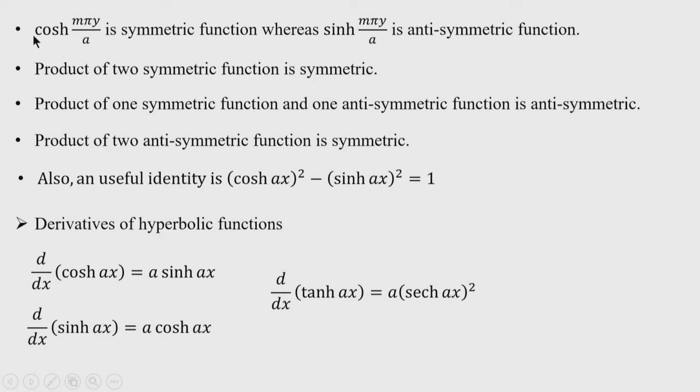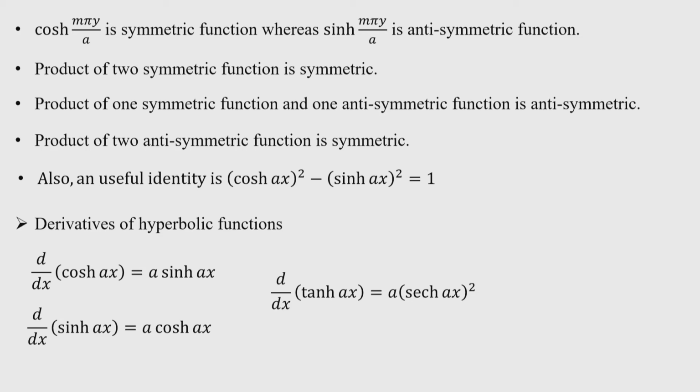What will be the nature of this function? It will be antisymmetric, because y is antisymmetric and cosh(m pi y / a) is symmetric, so the product is antisymmetric.